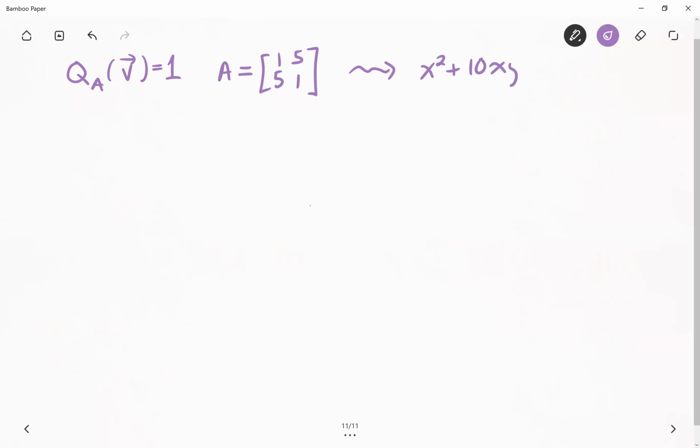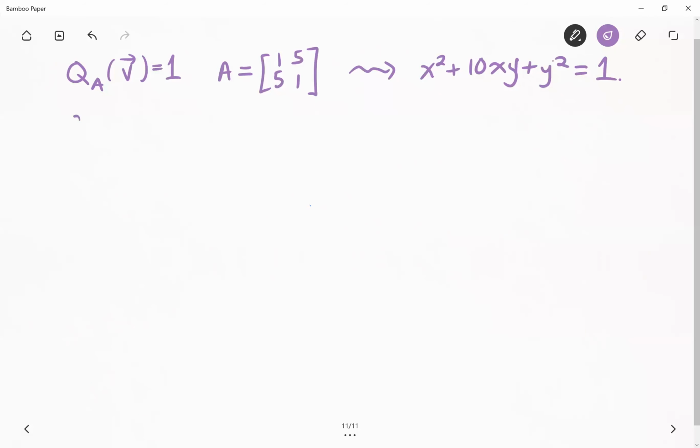Right, so the original quadratic form, Q sub A of V equals 1. A was the matrix 1, 5, 5, 1, which corresponds to x squared plus 10xy plus y squared is equal to 1.